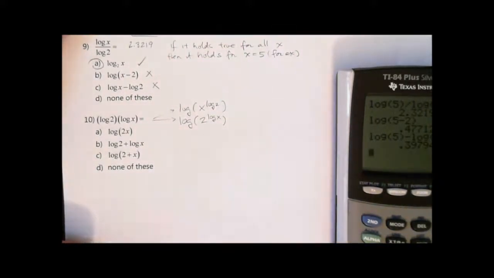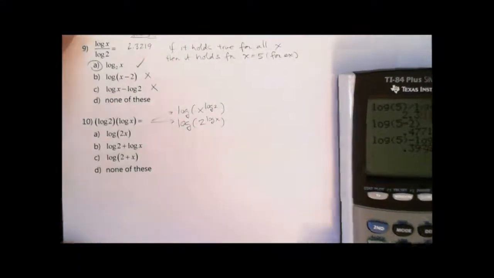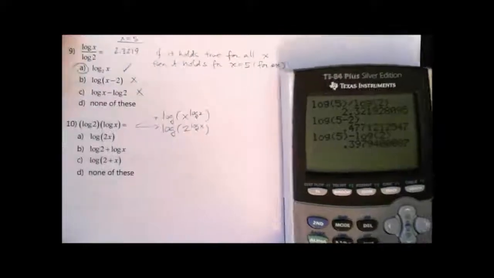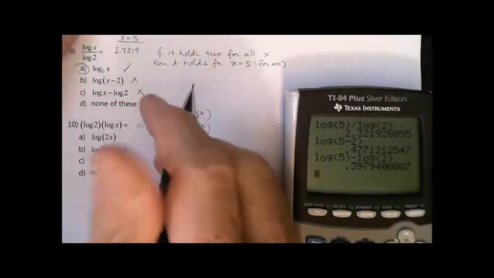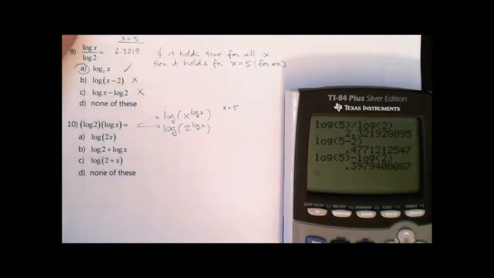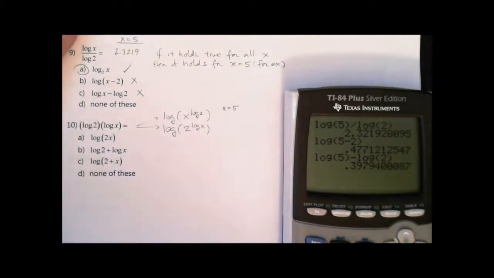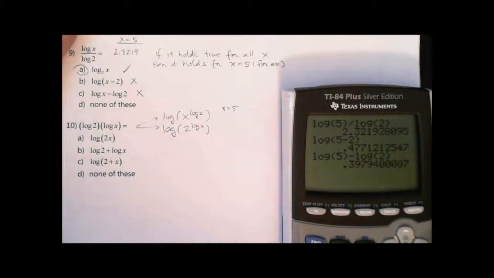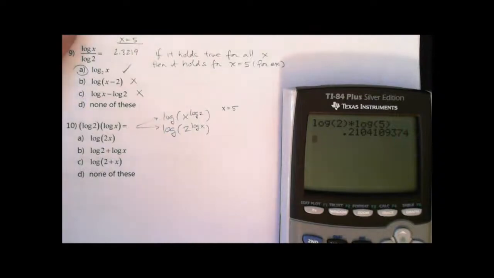And let's verify that it doesn't match any of those. So for example, let's pick x equals 5 again. Let's suppose that x equals 5. And let's check. What is the log of 2 times the log of x? 0.2104.